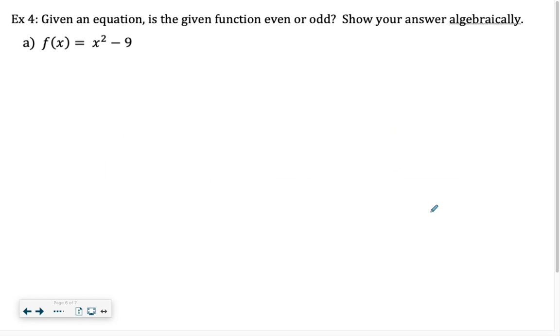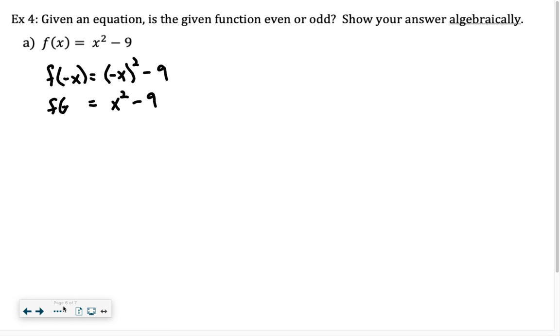All right, so let's determine this algebraically now. This first one, f of x equals x squared minus 9. What I want to do is plug negative x into my function. So when I do that, I'm going to have negative x squared minus 9, like that. Now, negative x squared means negative x times negative x. That would be positive x squared, and then the minus 9 stays the same.